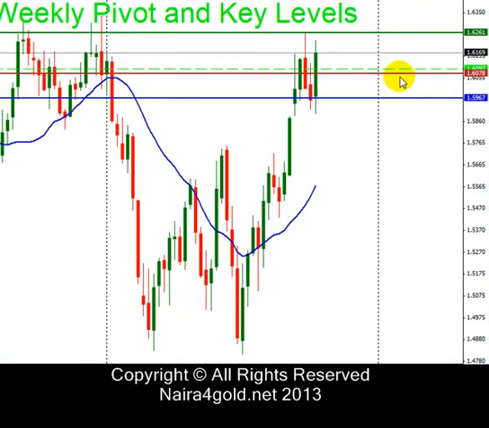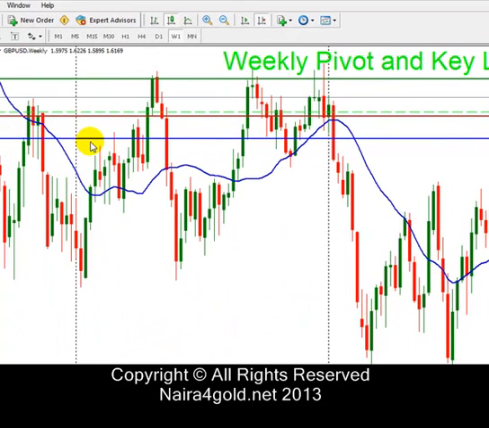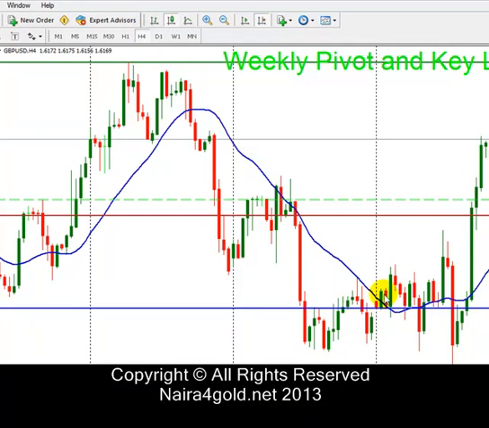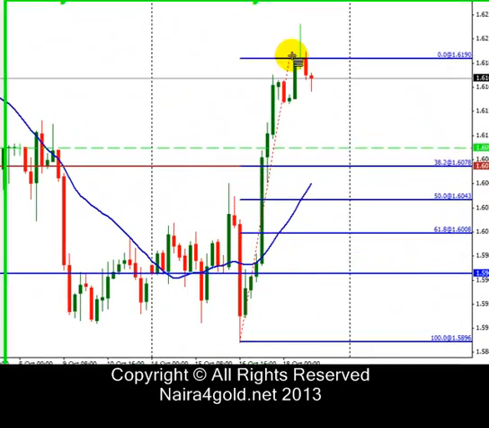So within this area, this is the weekly Camarilla buy level at 1.6078 and the weekly floor pivot point at 1.6097. And if we draw our Fibonacci retracement levels based on the 4-hour rise from 1.5895, we are going to get something like this.